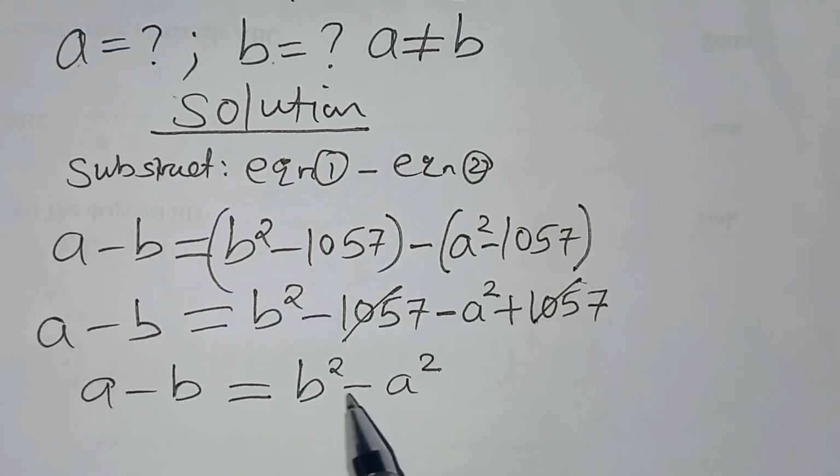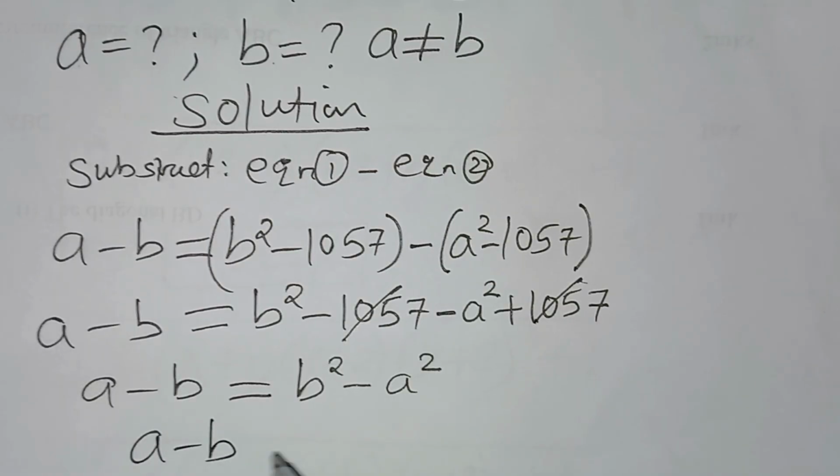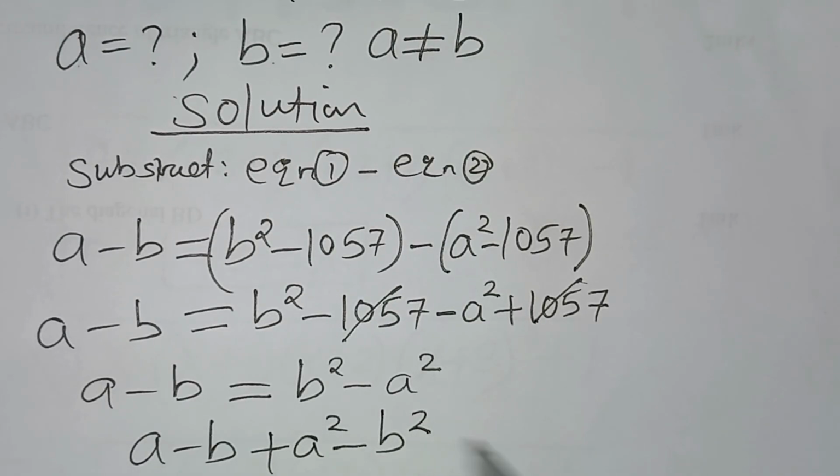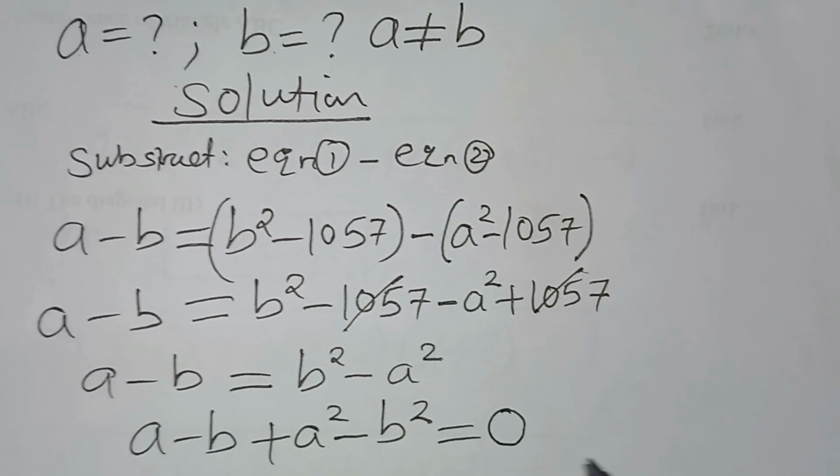So let's take b squared minus a squared on the left hand side. So we'll have a minus b plus a squared minus b squared. This is equal to 0.